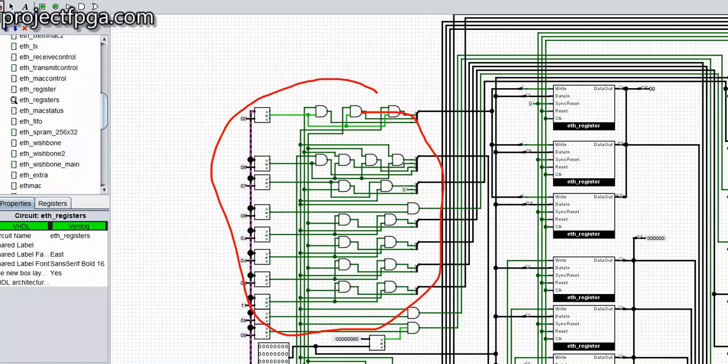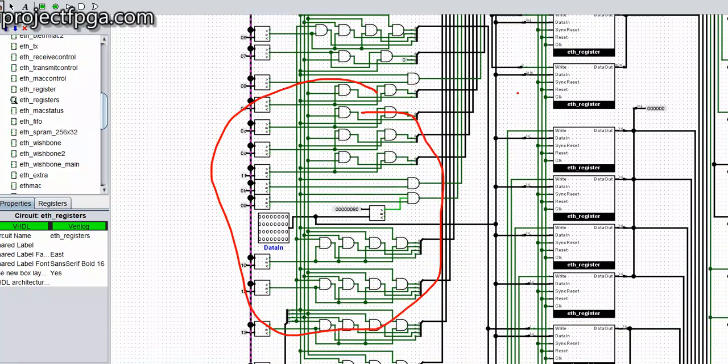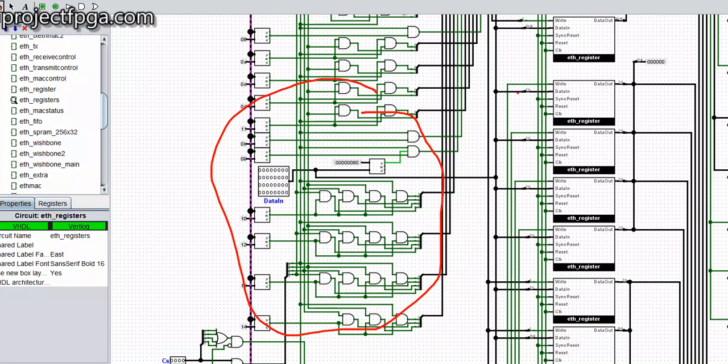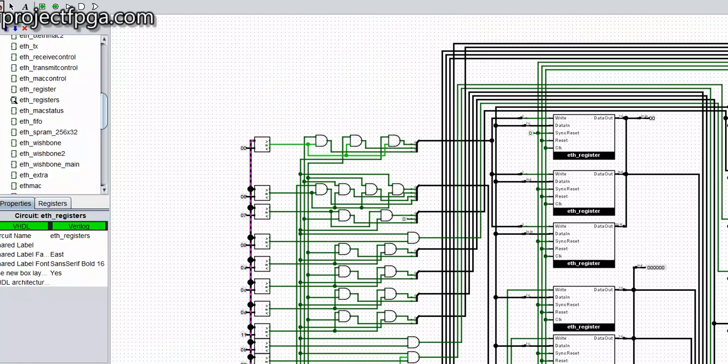Then again, the data in for all of them comes from one source, which is here. This is the general data in of the whole circuitry. It comes from one source, so it's up to the write signal to know whether it should allow the data to go in or not.